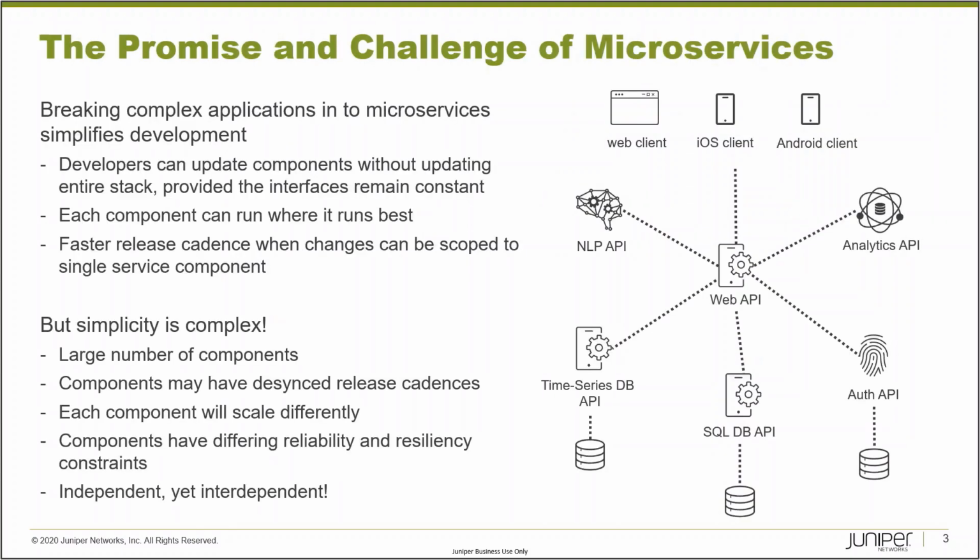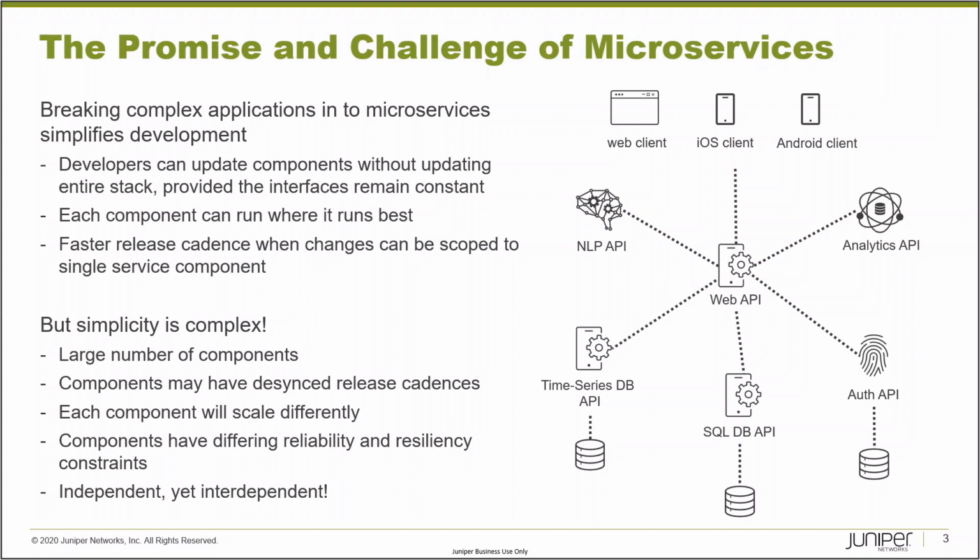To understand Kubernetes and why it's such a big deal, we really need to understand the promises and pitfalls of microservices. Modern applications tend to break up all of the processes involved in actually providing a service into their individual constituent parts, which are managed separately.